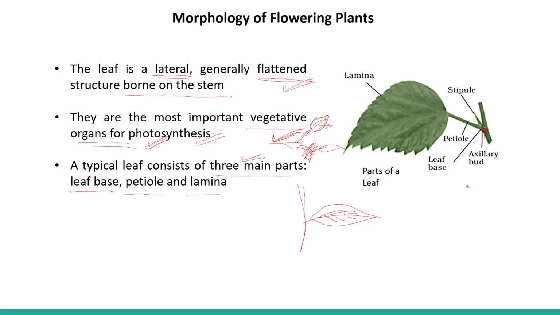And there is an extended part that is called the petiole. The extended part in the form of a blade-like structure, which is basically a green, flattened structure, is called the lamina. So these are the three main structures of the leaf: leaf base, petiole, and lamina.